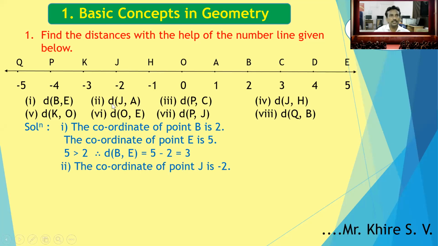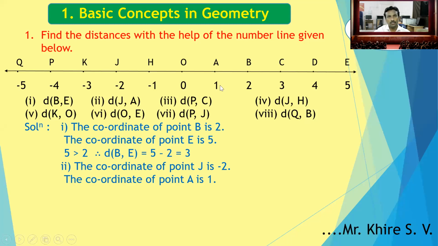The second example is distance JA. Observe the number line and find the coordinates of both the points. The coordinate of point J is minus 2 and the coordinate of point A is 1. Which is bigger, minus 2 or 1? 1, because a positive number is always greater than a negative number.